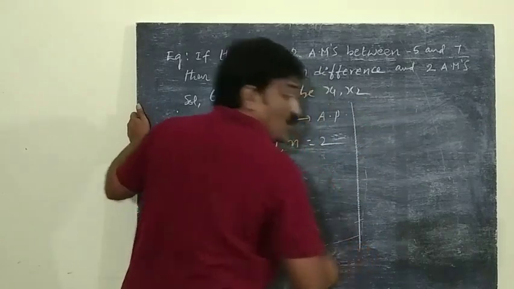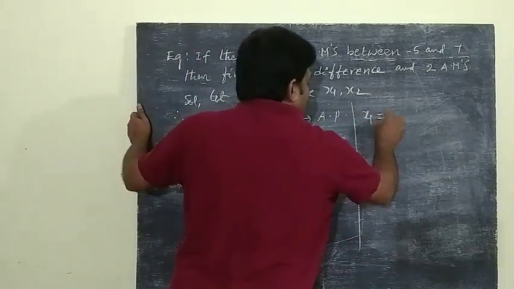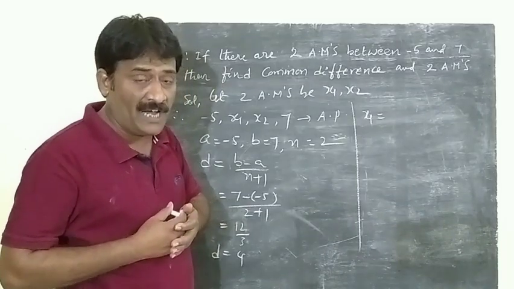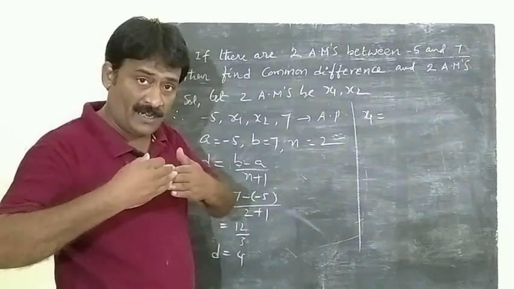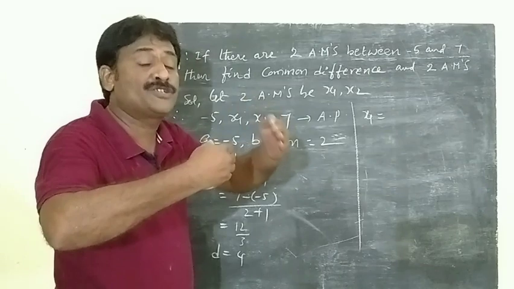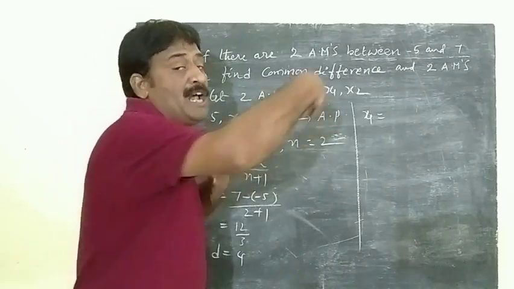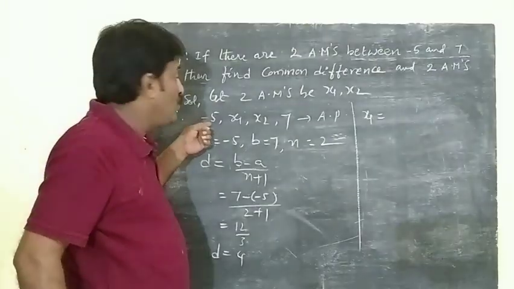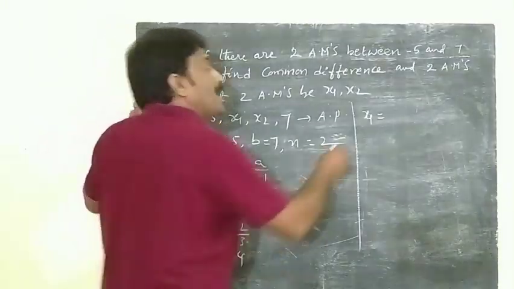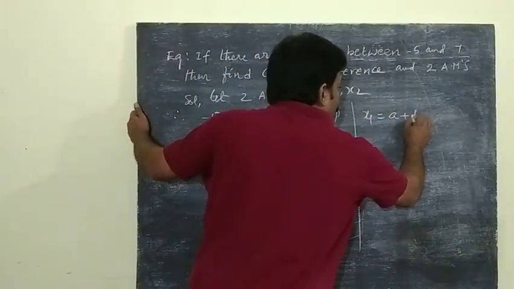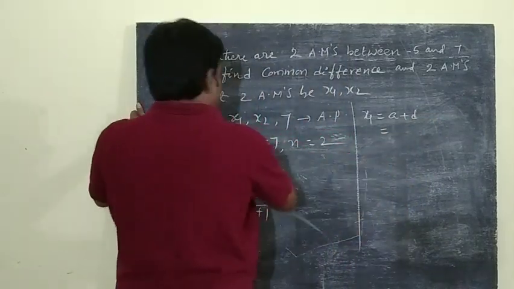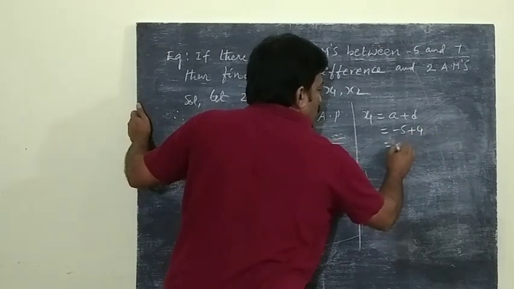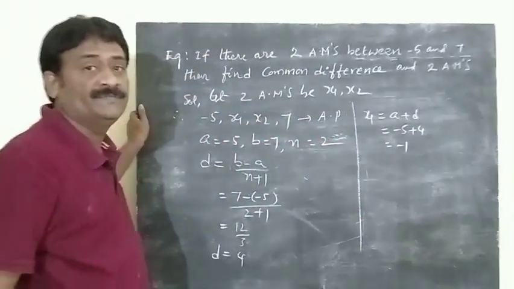Then write two AMs. X1 is equal to, already we know the general form of the arithmetic progression, a, a plus d, a plus 2d, a plus 3d, and so on. Already here a is given, minus 5. So what is X1? a plus d, that is equal to minus 5 plus 4 is equal to minus 1.